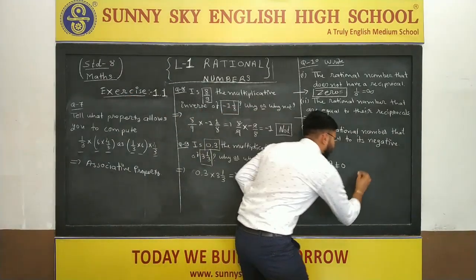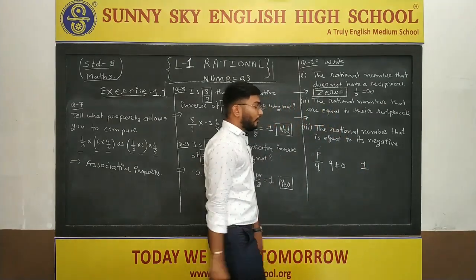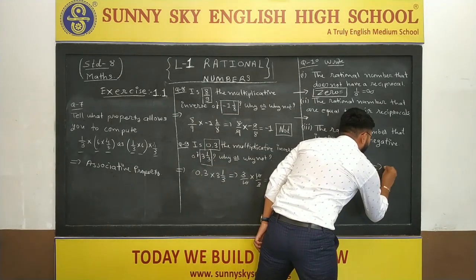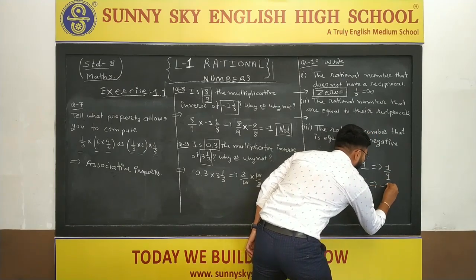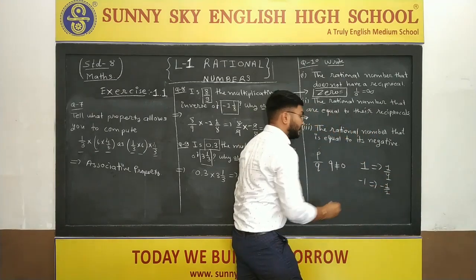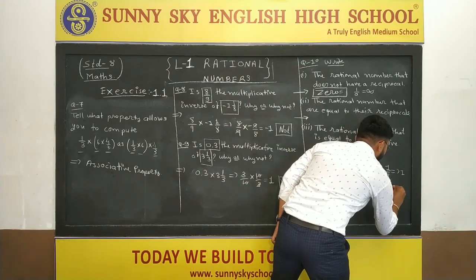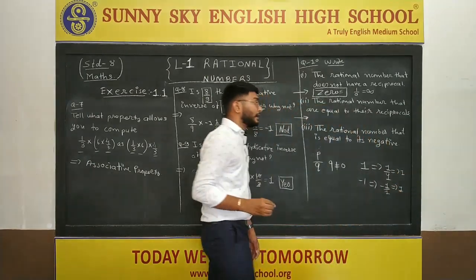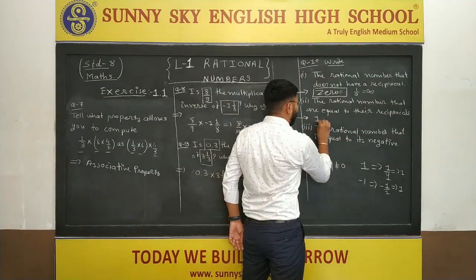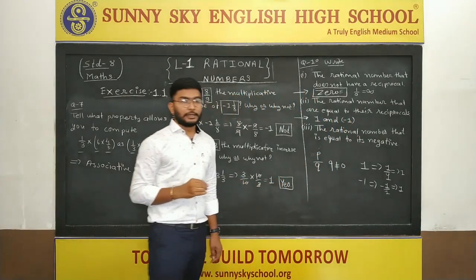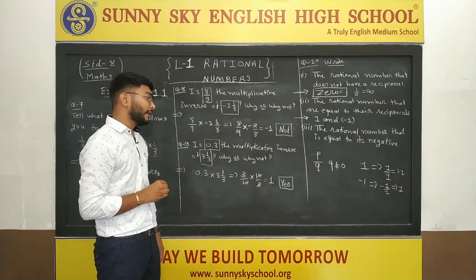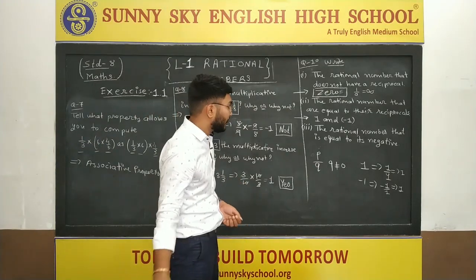See, if you find the reciprocal of 1, then what is the answer? 1 upon 1. The reciprocal of minus 1, then what do you get? Minus 1 upon 1. It means here also the answer is 1, here also the answer is 1. It means the reciprocals of 1 and minus 1 are both equal.